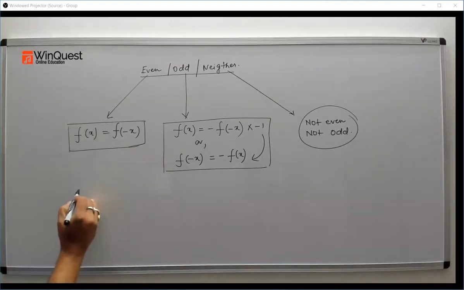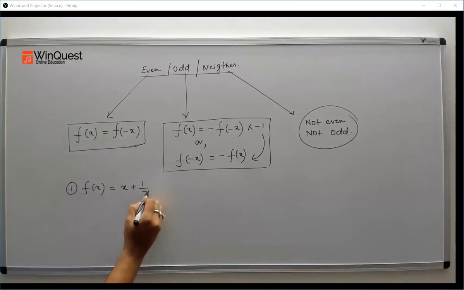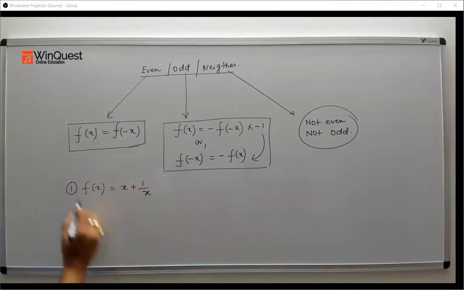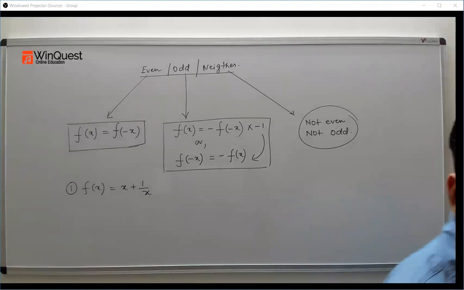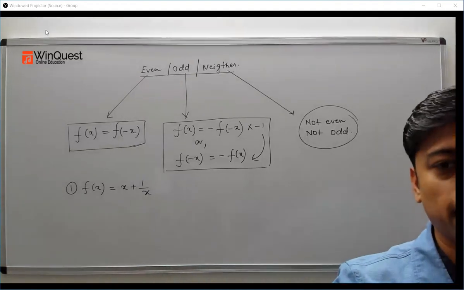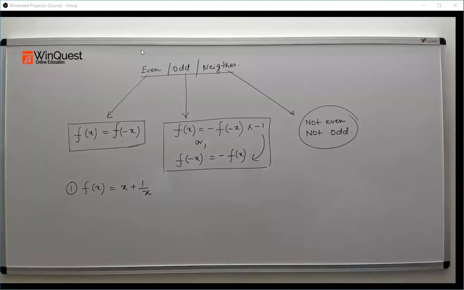I will say my function here is f(x) is equal to x plus 1 by x. Will this be an even function or an odd function? Anybody who wants to say? Sorry, can you repeat the question?